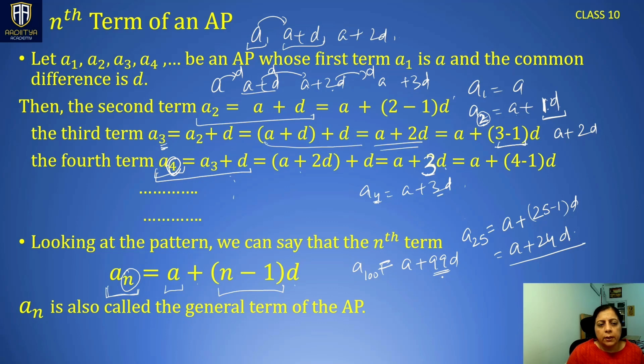The coefficient of d is 1 less than the number of the term. So an is called the general term of an AP. I told you in the beginning that if a and d are given or known to you, you can find any term in an AP. So this was the formula for the general term, or nth term, of an AP.